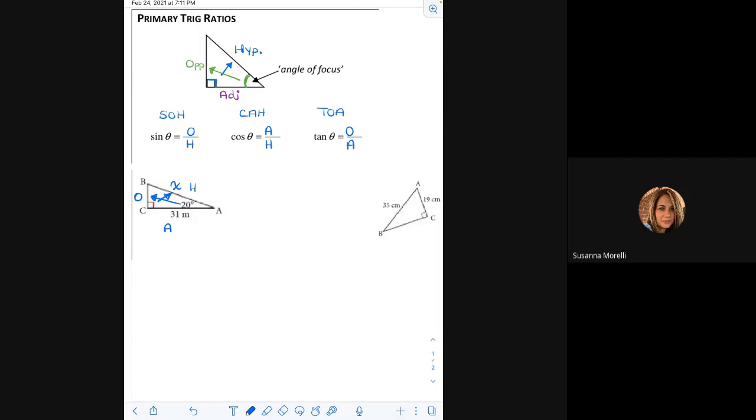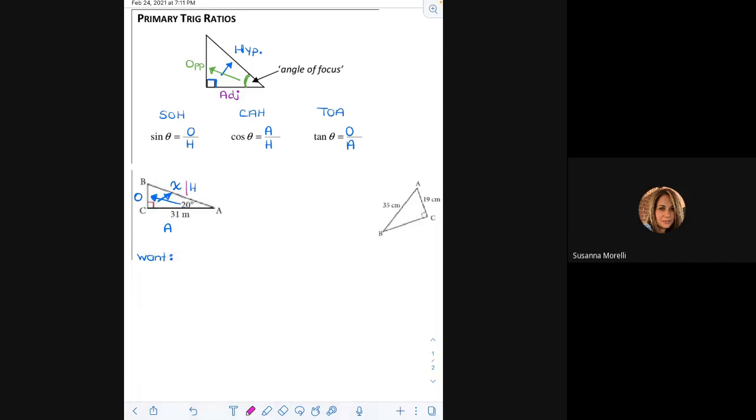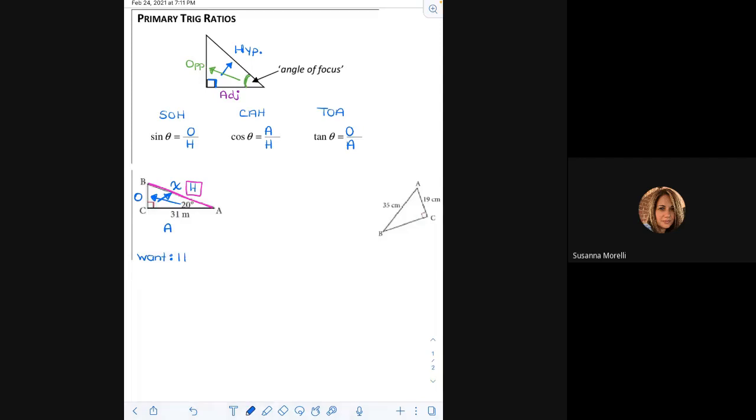So here, what do I actually want to find? I want the hypotenuse. That's the side that we're actually looking for. And what am I given?